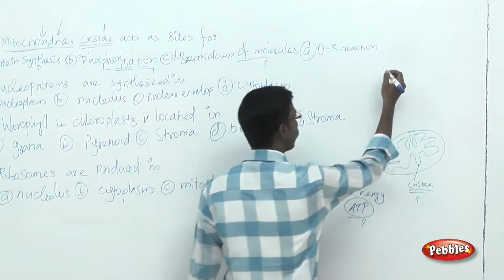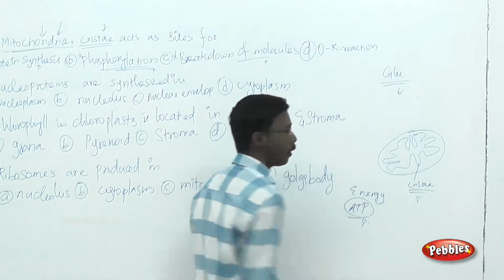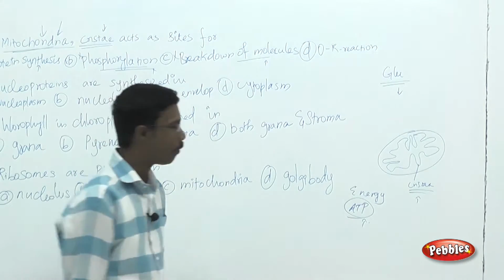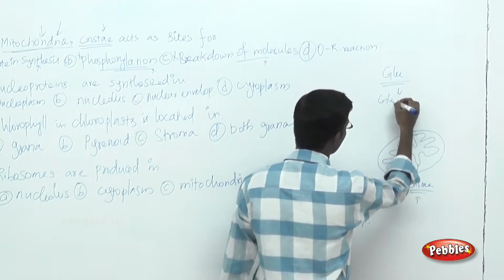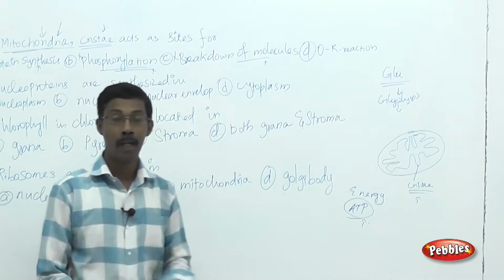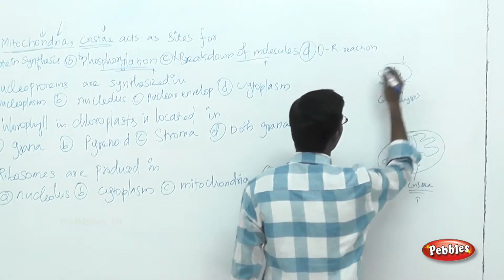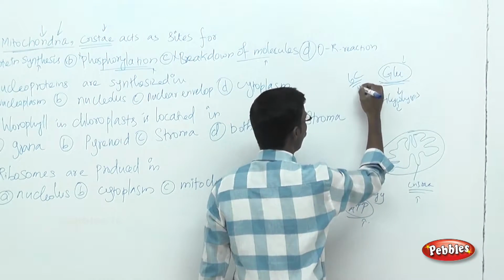For example, if a cell consumes a molecule of glucose, that glucose enters into the cycle called glycolysis. So what happens over here? Breakdown of the molecule. This is a complete organic molecule, a 6-carbon sugar molecule.